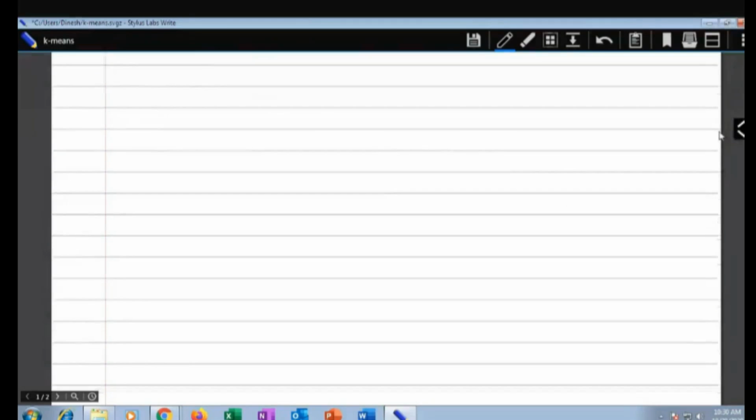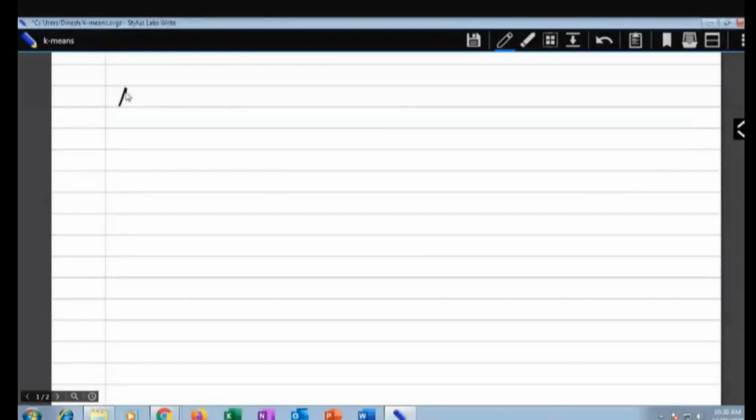Okay, so let us see what the pseudocode of that algorithm looks like. I'll say algorithm k-means. The possible inputs are k, the initial value of k clusters, that is the initial k means, and D, the data.